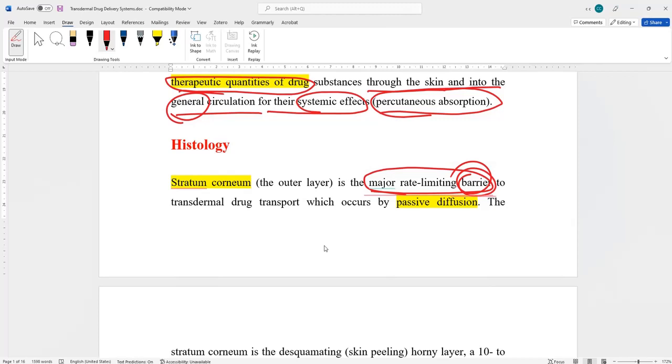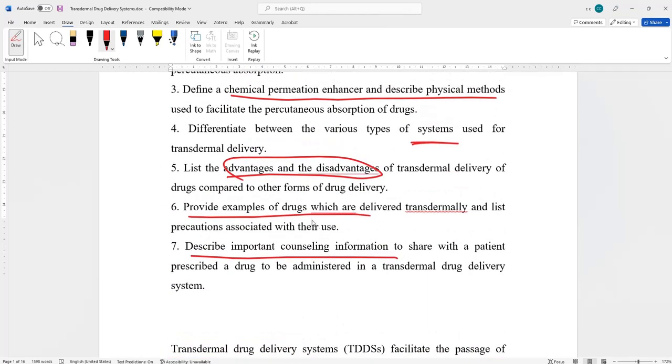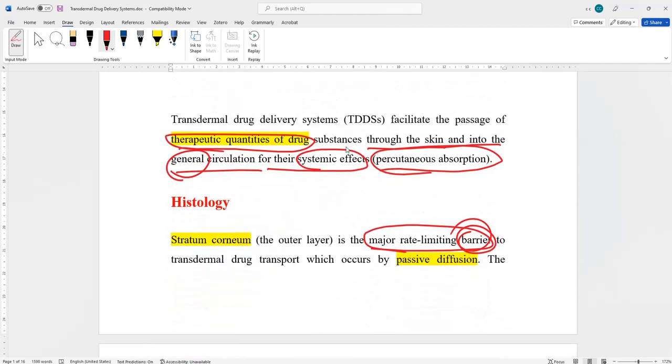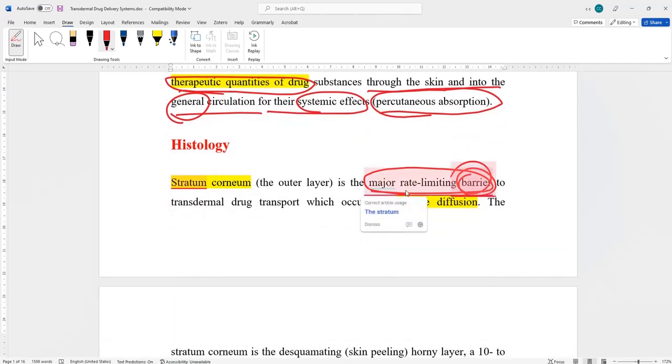Yes, you can do things, and you can improve. For example, as I said previously, you can use chemical and physical methods to enhance absorption, and this will improve it. But still the overall process is controlled by the stratum corneum.